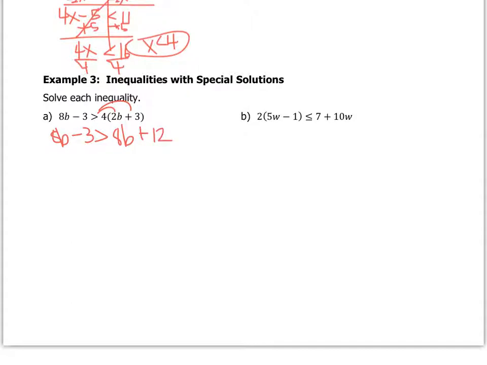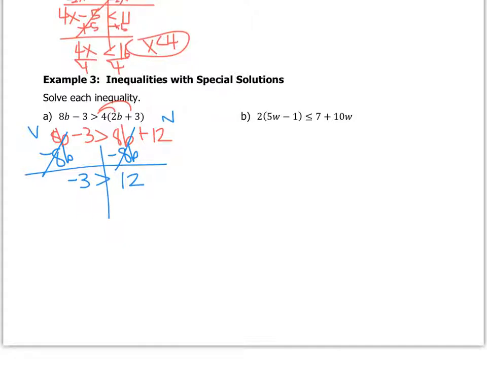If you know the answer, just keep it to yourself, because I'm going to keep going. I'm going to put variables on one side, and I'm going to put numbers on the other. So I'm going to move this 8b over to the left. I always like to move my variables first. And then it actually cancels out on both sides, and you have negative 3 is greater than 12.